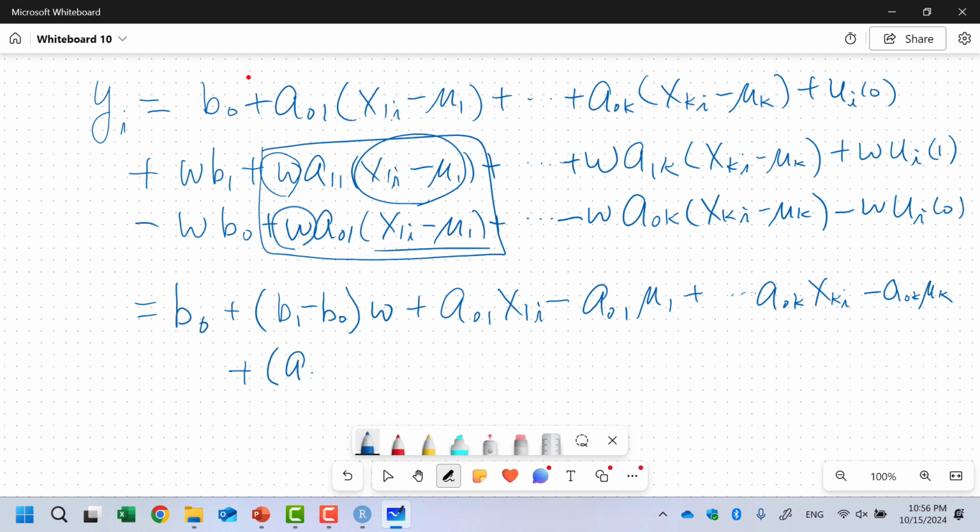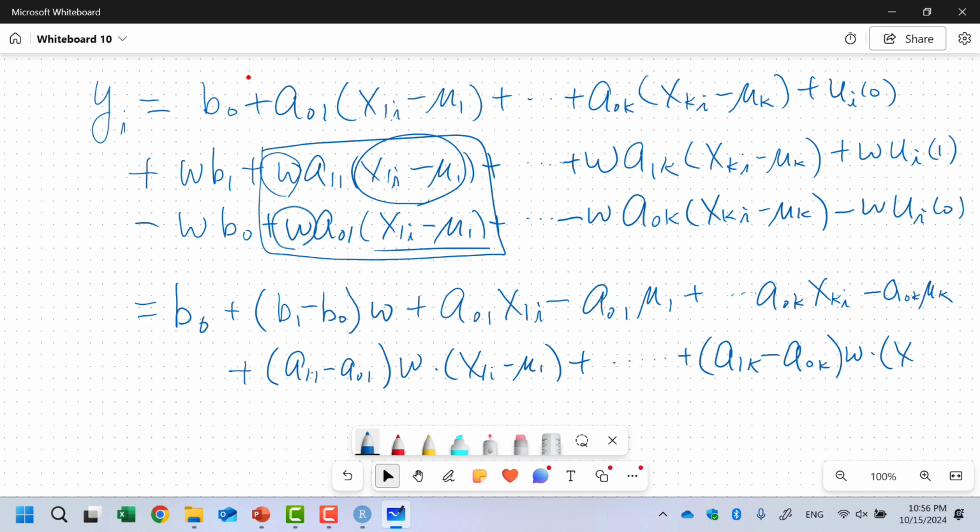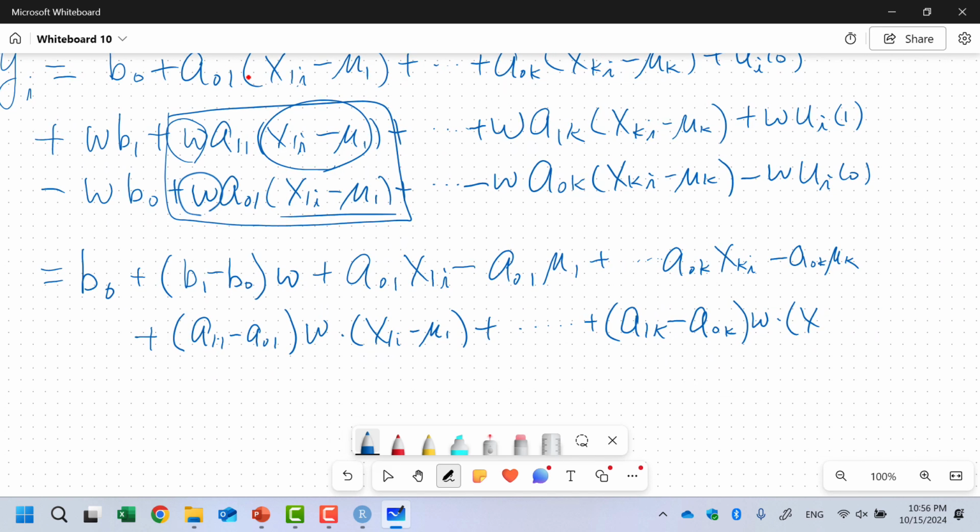This one will be a11 minus a01 times w times x1i minus mu1, plus you will have a lot of the same thing, a1k minus a0k times w times xki minus mu k, plus u.